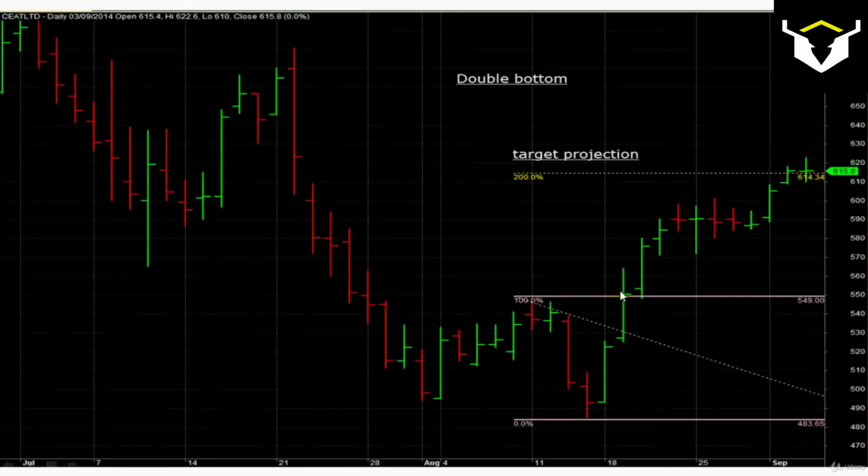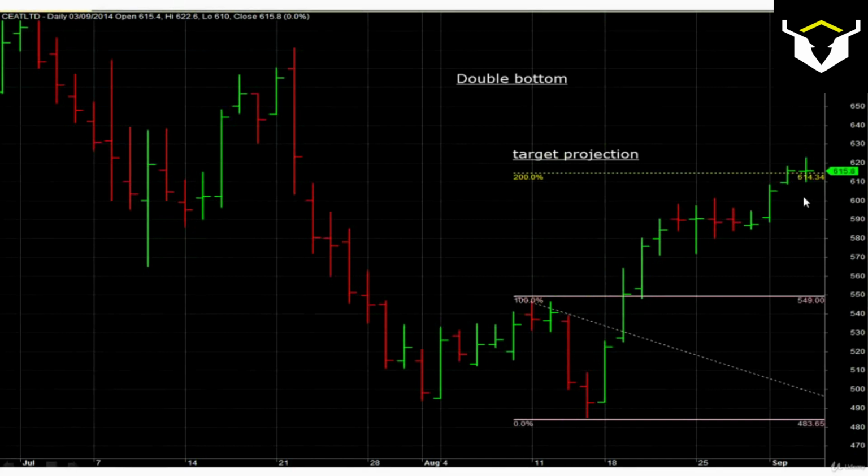If you were to project a target for this pattern, the distance from the peak to the latest bottom is projected from the peak. So this distance is projected from here towards the upside. So 614 is the ideal target for the double bottom that was formed in CAT.